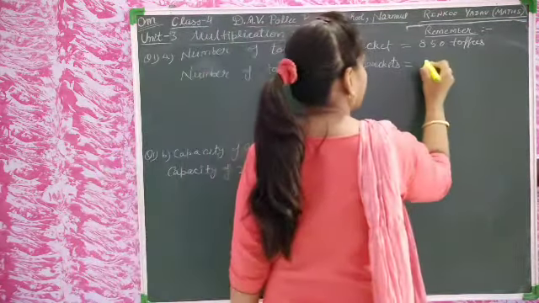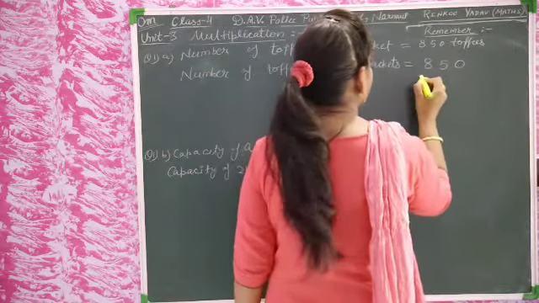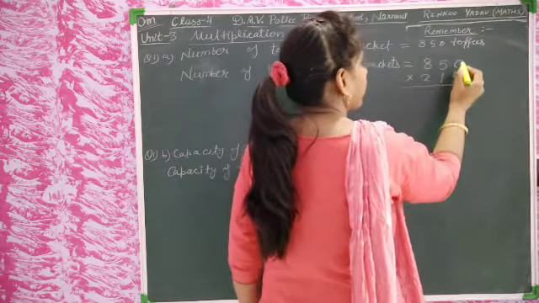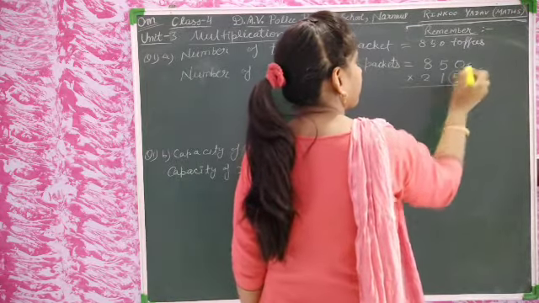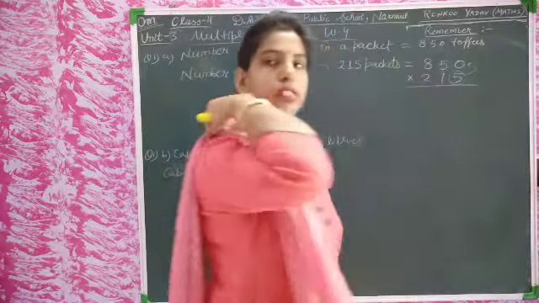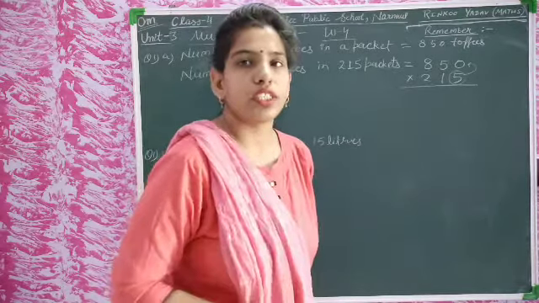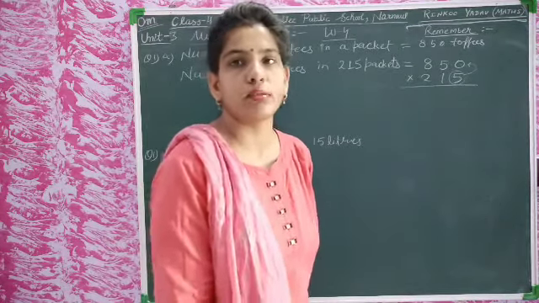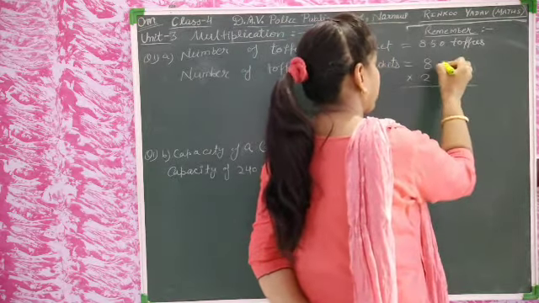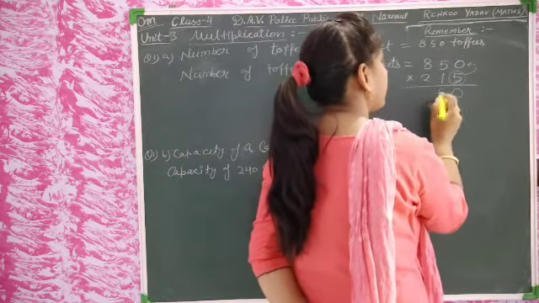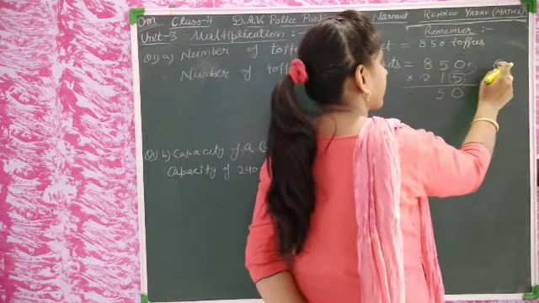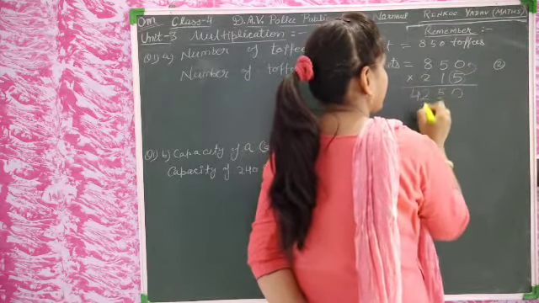So students, let's see. There is 850 multiplying by 215. First, the ones place digit 5 is multiplying to this number, and we have already done the multiplication questions, so there is no need to explain everything again. So start: 5 into 0, 0. 5 into 5, 25, and 2 is carrying. 5 into 8, 40, 40 plus 2, that is 42.